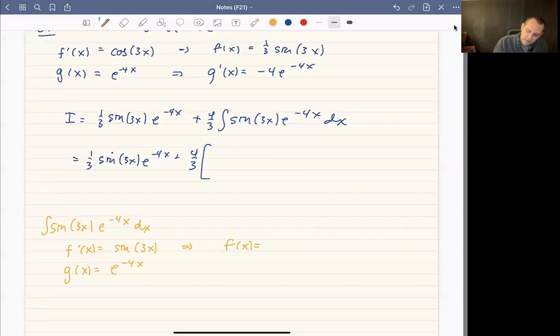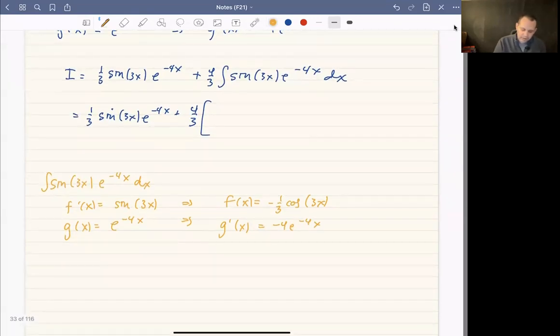f, if we anti-differentiate, will be -1/3 cosine of 3x. G prime is -4e to the -4x. And so this integral is going to be the integral of f times g, so that's -1/3 cosine of 3x times e to the -4x, minus the integral of f times g prime. So that's minus, minus 4/3.